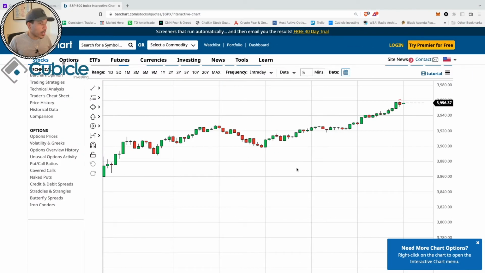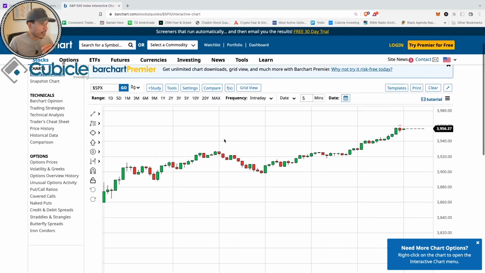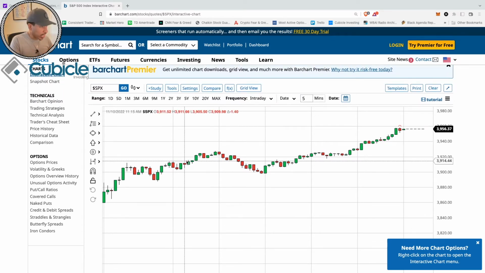So I had to close out Thinkorswim because the on-demand feature wasn't actually cooperating. I'm just going to use barchart.com. So this here is essentially the trading session for November 10th, and we're looking at a 5-minute chart.